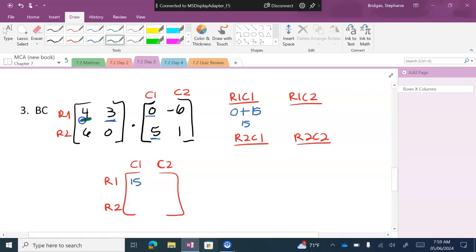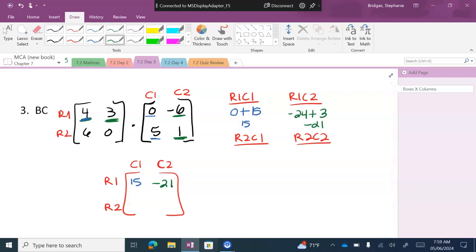So we're going to multiply 4 times negative 6, which is negative 24. And then we're going to multiply across 3 and down times 1. 3 times 1 is 3. And negative 24 plus 3 is going to give me negative 21. And that goes in row 1, column 2.